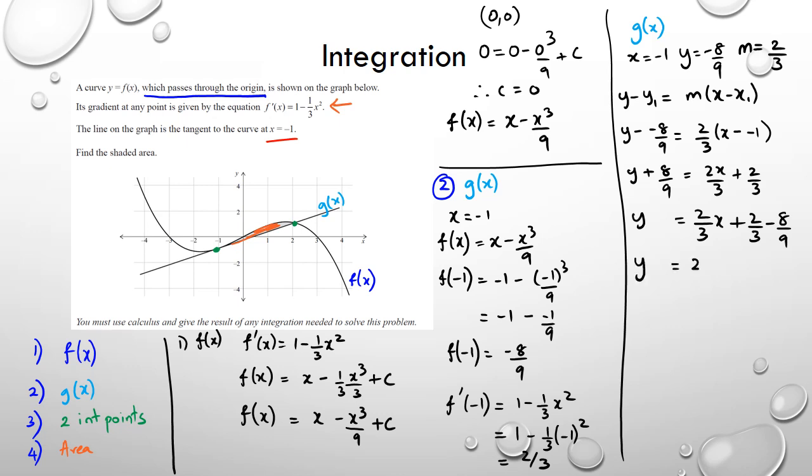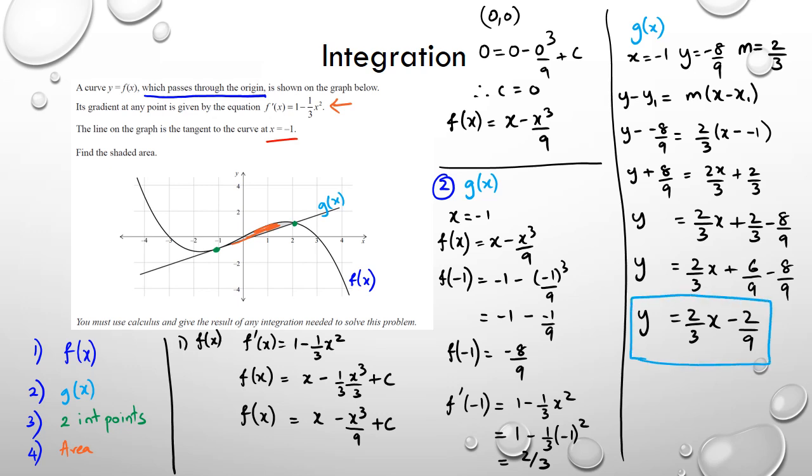Simplifying this, 2/3 x plus 2 over 3 can be written as 6 over 9 minus 8 over 9, which means y is equal to 2/3 x minus 2 over 9. All right, guys, so this is what my g of x is.